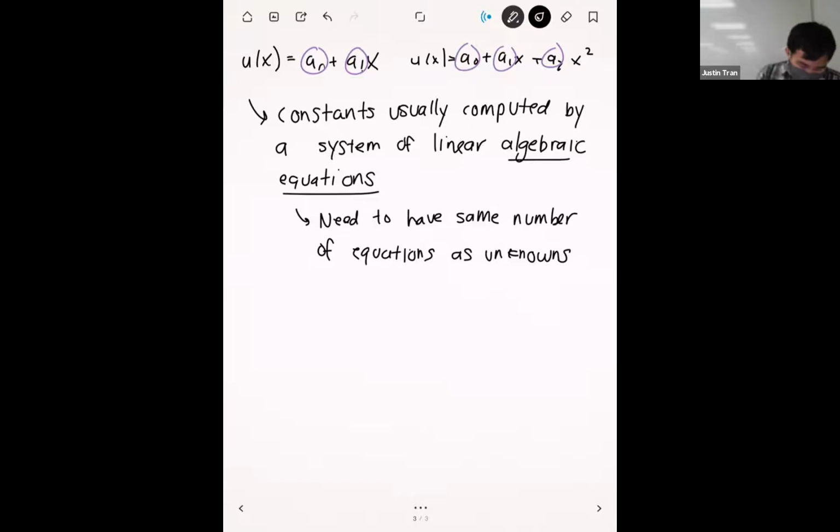Okay. Right. And so how do we actually get these functions? The way that we get these functions is that we do them based on the number of nodes in our elements.